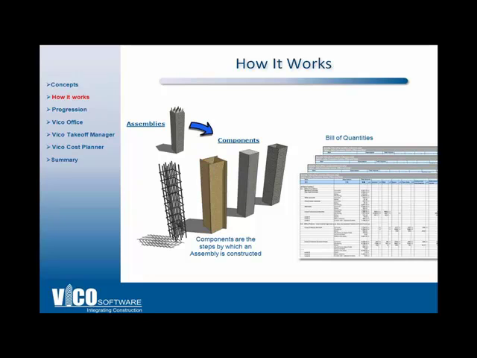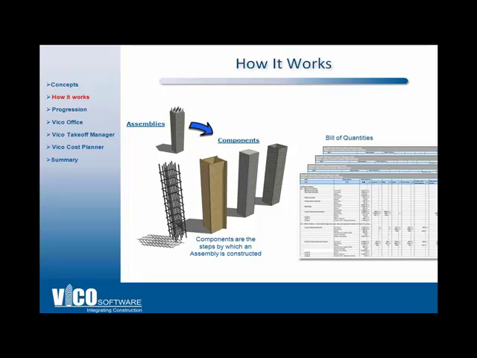So by breaking these assemblies down, you're increasing the level of detail of the model without adding more information to the geometry of the model. You're basically creating assumptions that you're going to be using in your estimates.